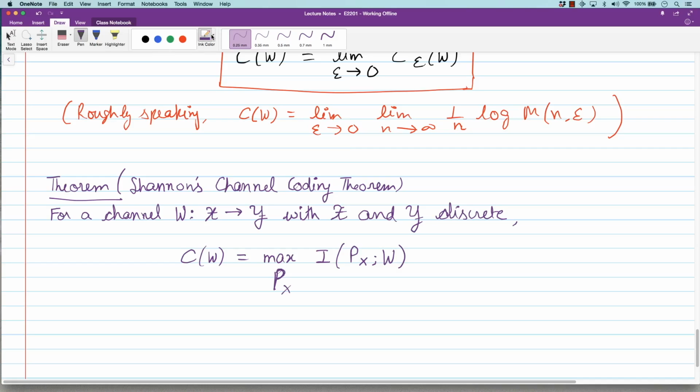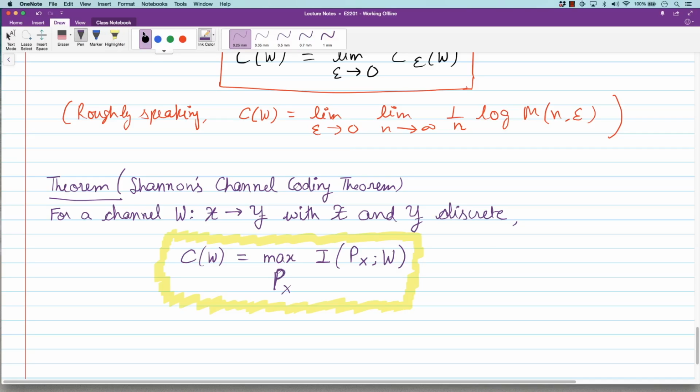Okay, that's what channel capacity is. This is perhaps the most important formula in Shannon theory.